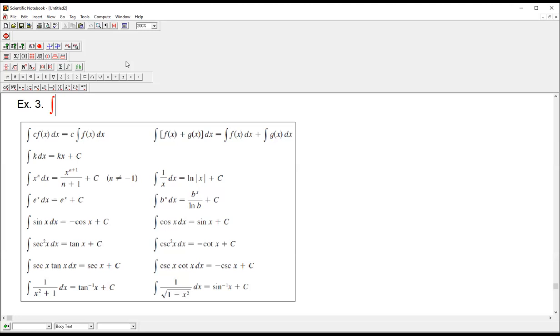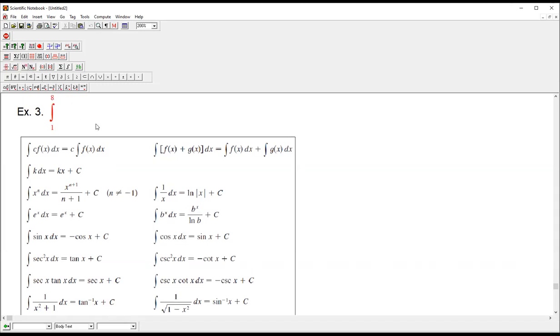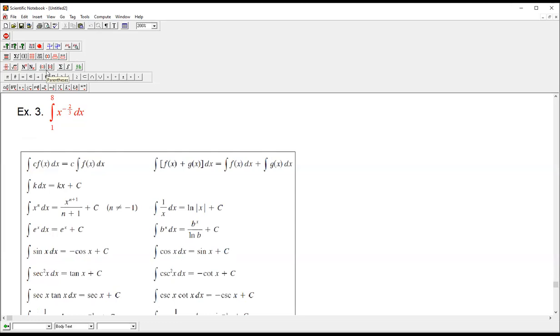Sorry, it looks like 1 to 8. That's a definite integral from 1 to 8 of x raised to the power of negative 2/3 dx. And we understand this is to find the area underneath the curve.